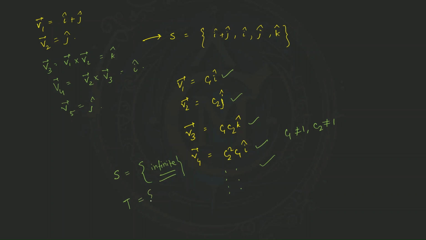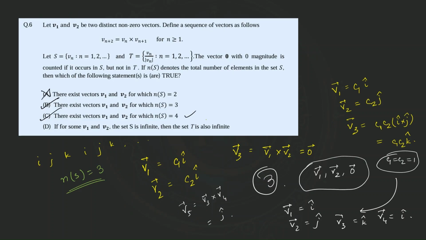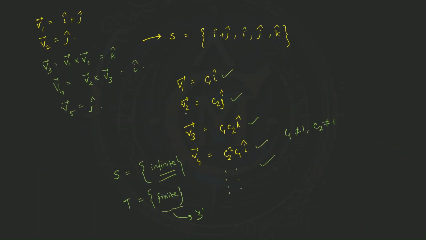So T is some finite set. It contains only 3 elements: this i cap direction, j cap direction, and k cap direction, right? Because we already discussed, T is the set or the collection of all the directions of these vectors that are in the set S, right? So S may be an infinite set, but the set T is finite in the case that we just discussed.